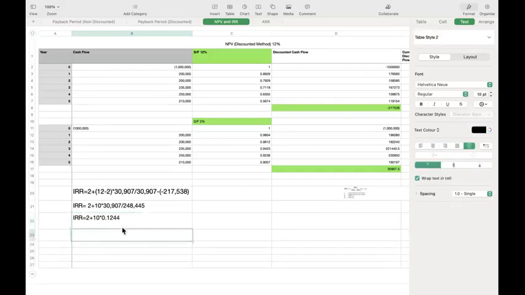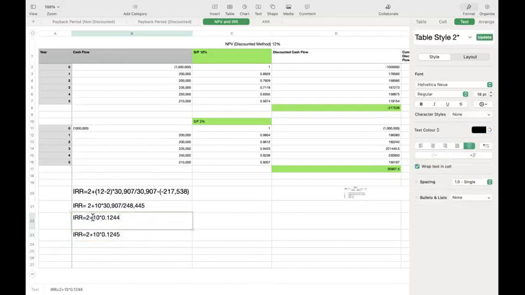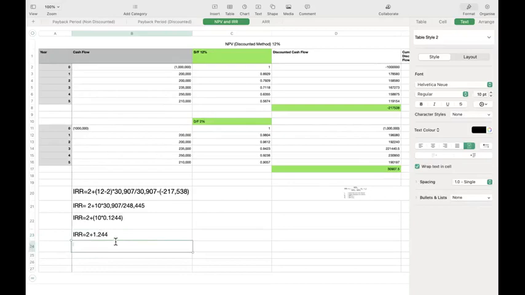Step number 3, I'm going to calculate 10 into 0.1244, so I'll get an answer of 1.244. And the final step, I'm going to add 2 plus 1.244. So our IRR will be equal to 3.244%. So this is how we calculate the IRR.